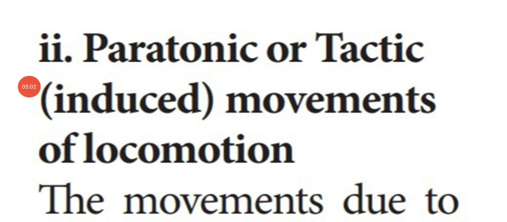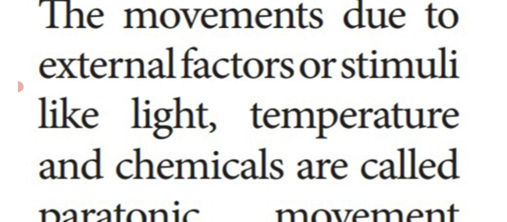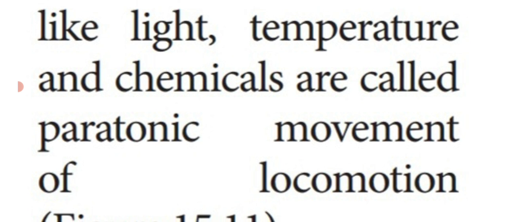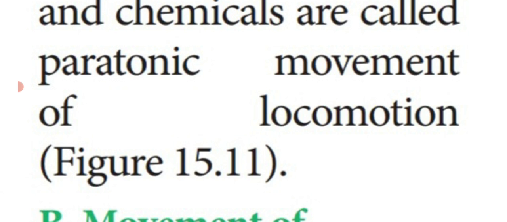Next one is the paratonic or tactic or induced movement of locomotion. This movement takes place due to external factors or stimuli like light, temperature, chemicals, and is called paratonic movement of locomotion. So first one, autonomic movement means movements take place automatically due to the changes occurring on the inner side. Example, flagella, cilia and cytoplasm.